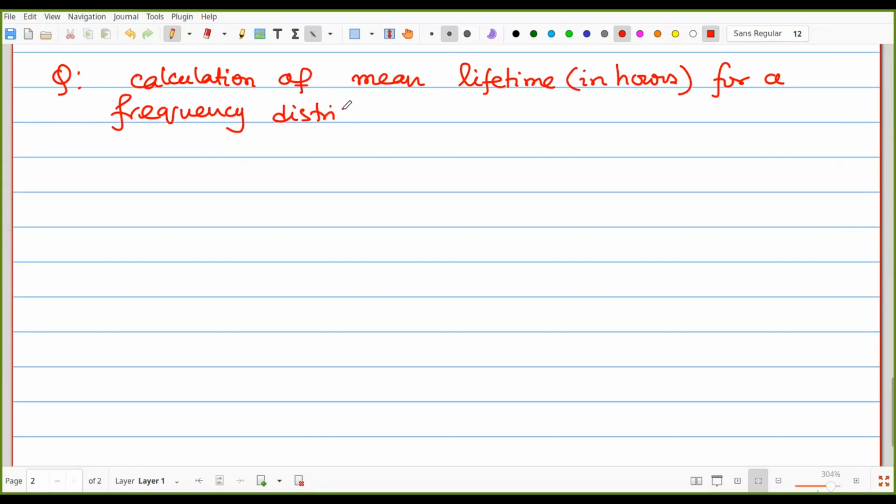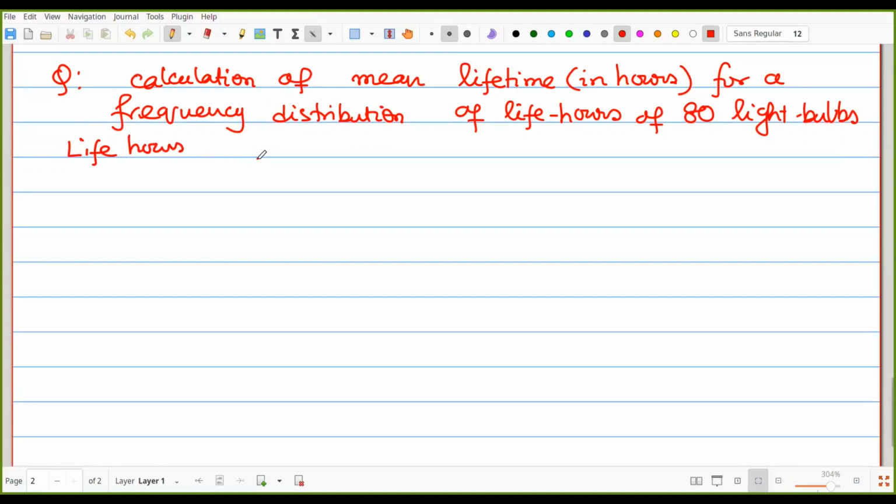For a frequency distribution of life hours of 80 light bulbs, the data has been given like that: life hours, then the frequencies.